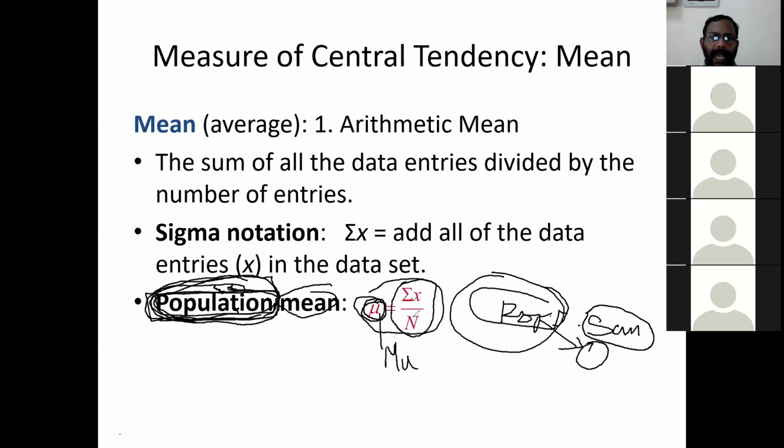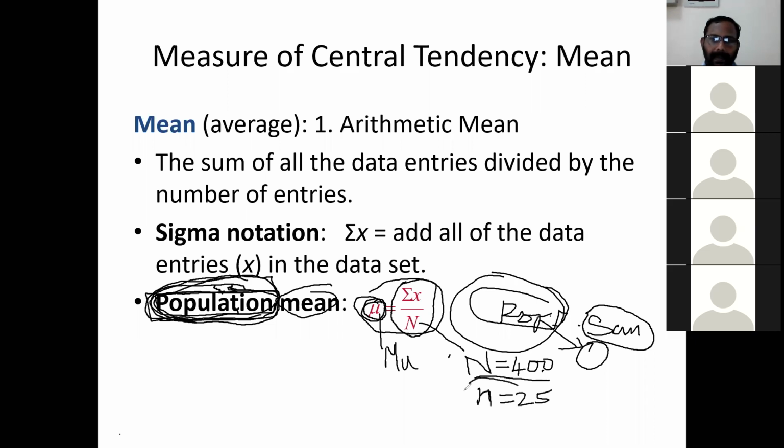Mu is equal to summation x divided by N. What do you mean by N? These are all the interested items in that particular population. So last week we took capital N as an example, 400. Can you remember? Mahajini, were you there last week? Yes, sir. So we took an example of capital N as 400. So that is actually the population. Then small n we said is 25.